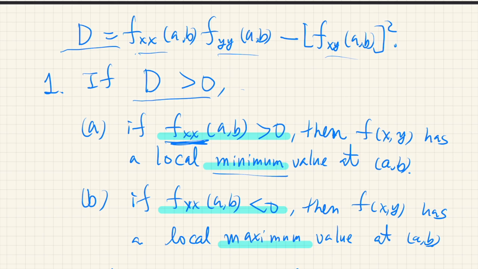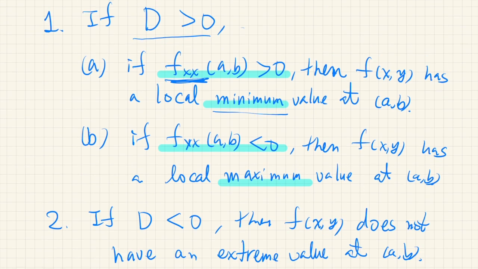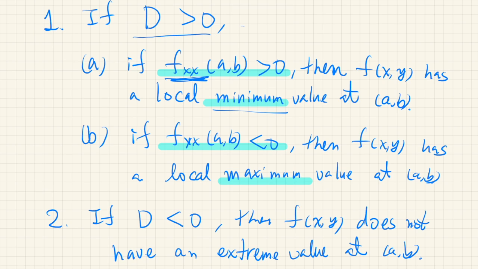So this corresponds to the second derivative being positive in the univariate case. And if the determinant is positive and this fxx is negative, then the function has a maximum value. So this corresponds to the second derivative being negative for the univariate case.